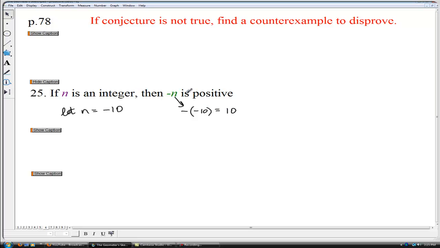So far, this conjecture is looking true. But let's let n equal a positive integer, positive 6. The opposite of 6 is negative 6, which proves this to be false. So 6 was our counterexample.